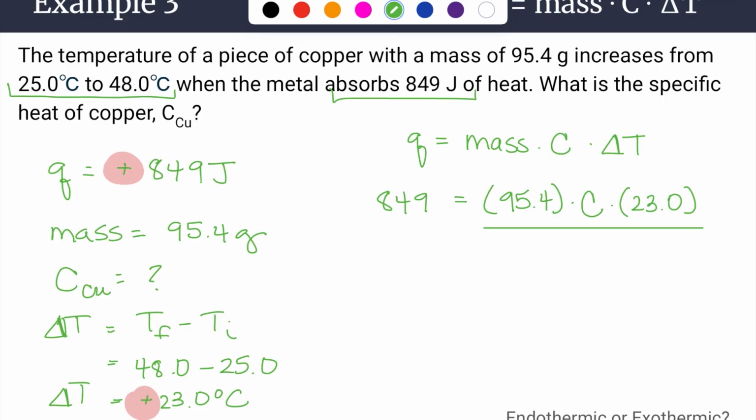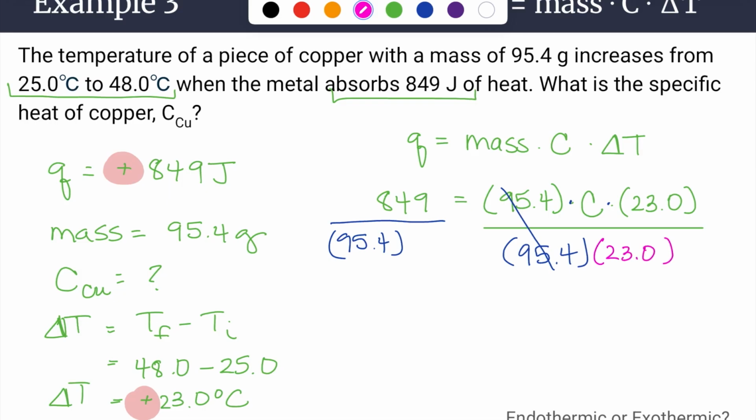So these are connected through multiplication. The opposite of multiplying is dividing. So let's divide both sides by 95.4. And so those cancel. And then we will also divide both sides by 23. So those cancel.